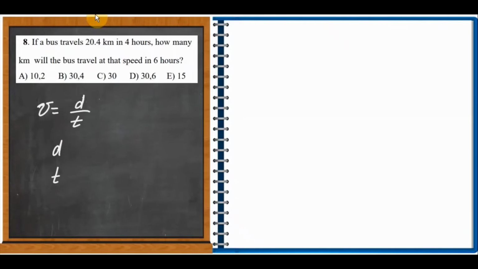So when the distance is 20.4 kilometers, let's write it here. The time we spend is 4 hours. Now, for 6 hours, we must understand that we will travel more than 20.4 kilometers. So it's direct. For direct proportion, we say that their ratio is constant. I mean, both of them represent the speed.